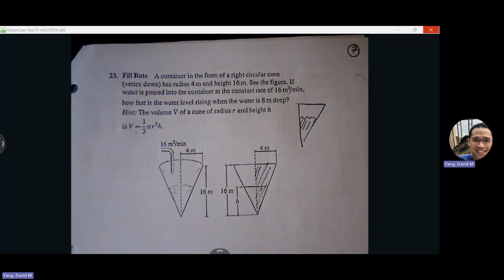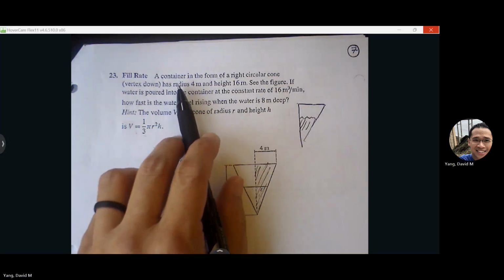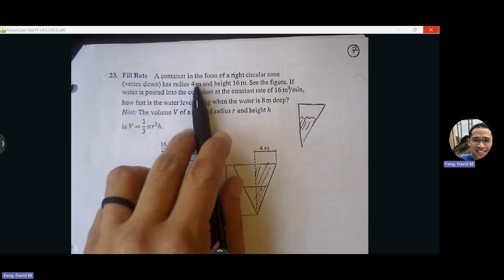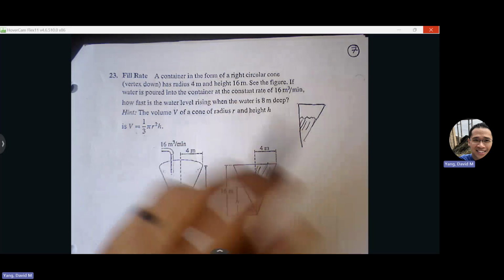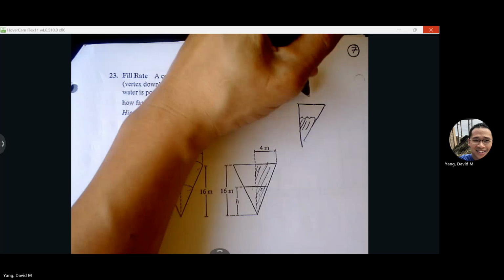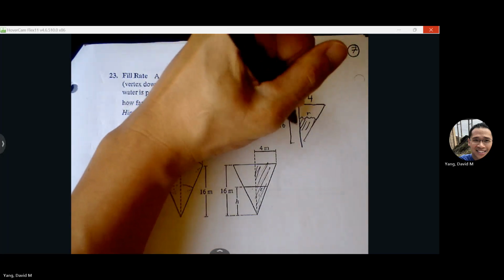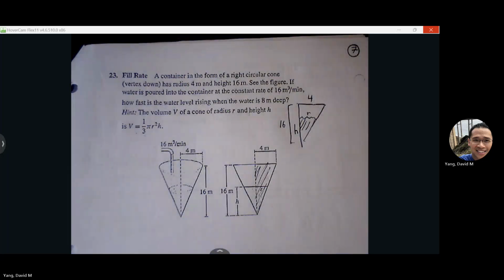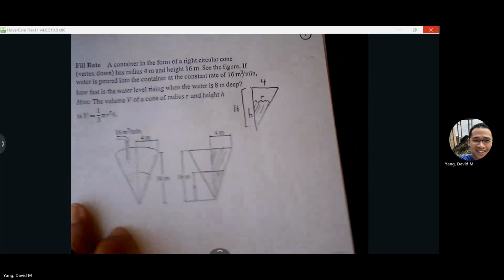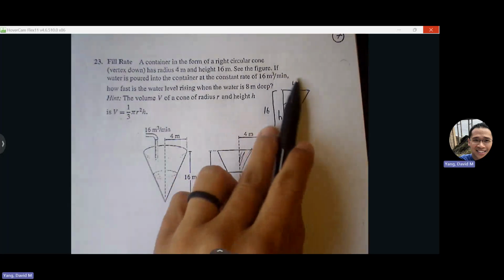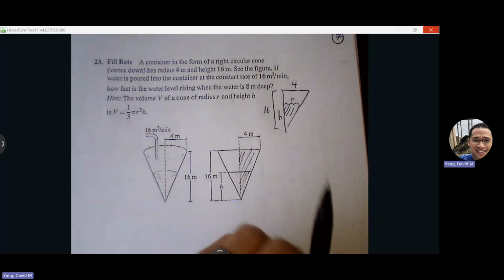I know that the larger triangle represents the container. The smaller right triangle represents my water level, the smaller cone. Radius 4. Sometimes they may give you the radius, sometimes the diameter, so just adjust accordingly. Your first step is to get that proportion equation up and running.